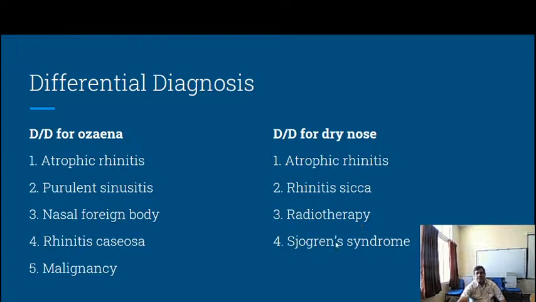There is another condition called Sjogren's syndrome, with rhinitis sicca associated with other conditions. Then, of course, radiotherapy is another cause: for patients receiving radiotherapy for a malignancy, radiotherapy produces endarteritis and decreases the blood flow, and so produces atrophic rhinitis.